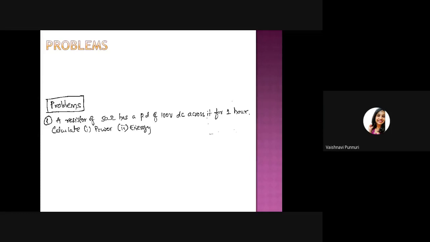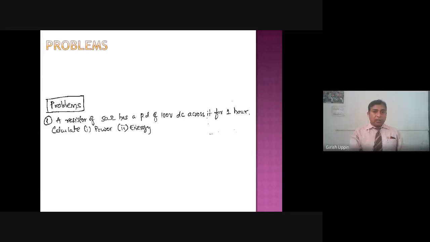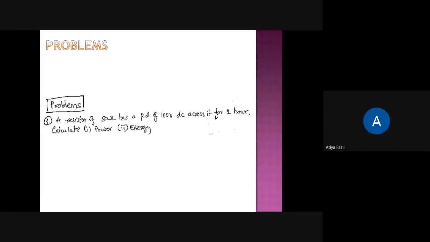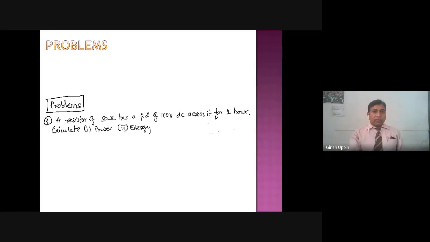So 200 watt. That is correct. You can use the formula V square divided by R. V square is 100 into 100 divided by 50. So you can divide the first 100 by 50 as 2. 2 into 100, 200. What would be the energy?